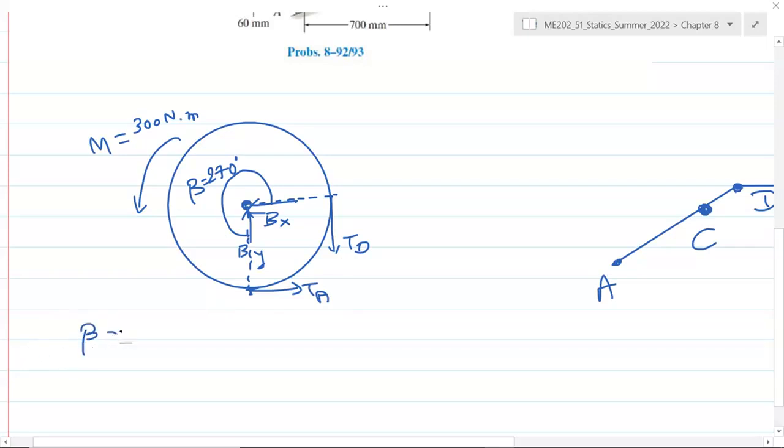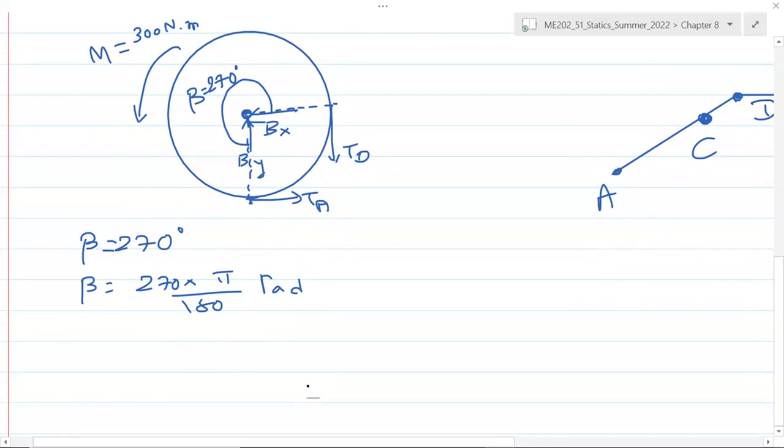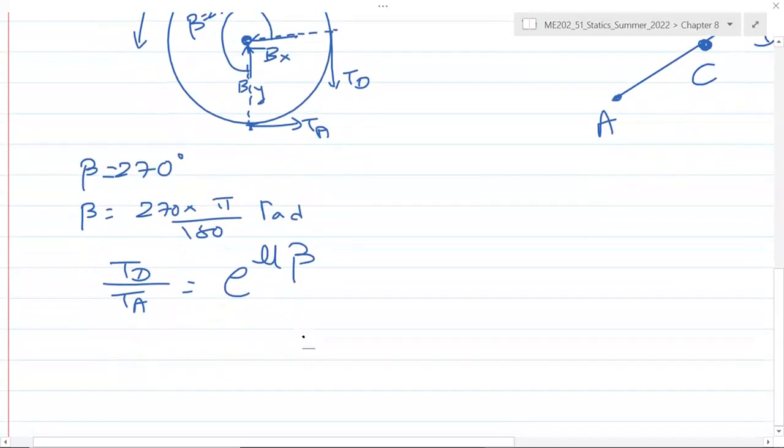So beta is 270 degrees, which is 270 multiplied by pi by 180 radians, and then we can write this equation. TD divided by TA is e to the power mu beta. TD is more, that's why TD is in the numerator and TA is in the denominator.